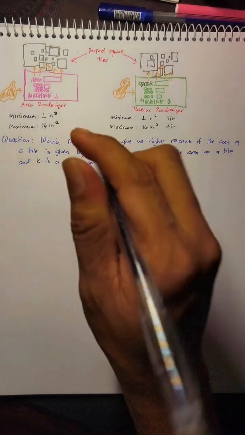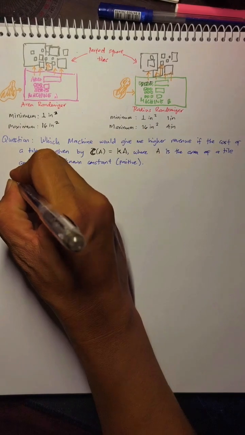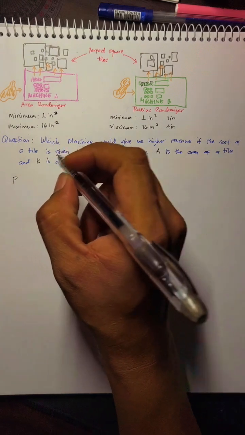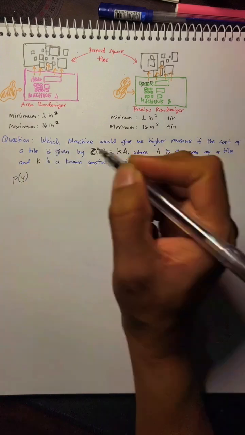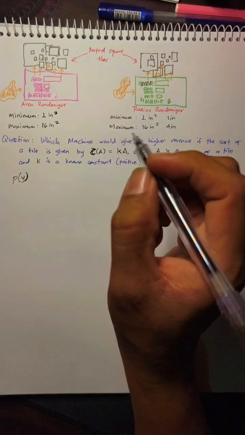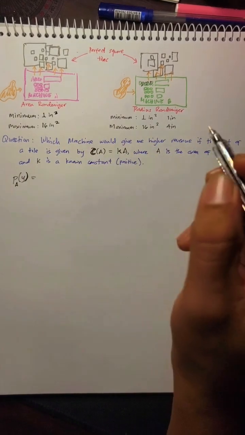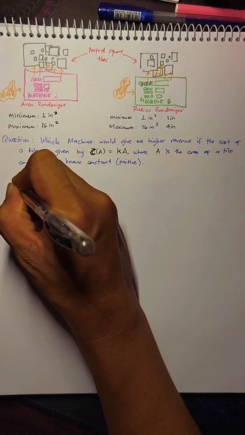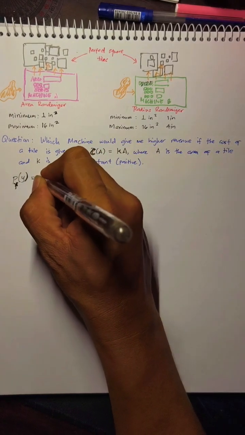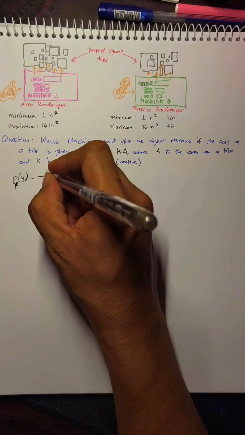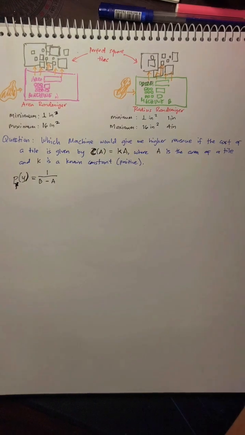For machine A, let's call the probability density function P of Y, with capital Y as the random variable A. A uniform distribution has this form: 1 over the maximum, let's take the maximum as capital B, minus the minimum.